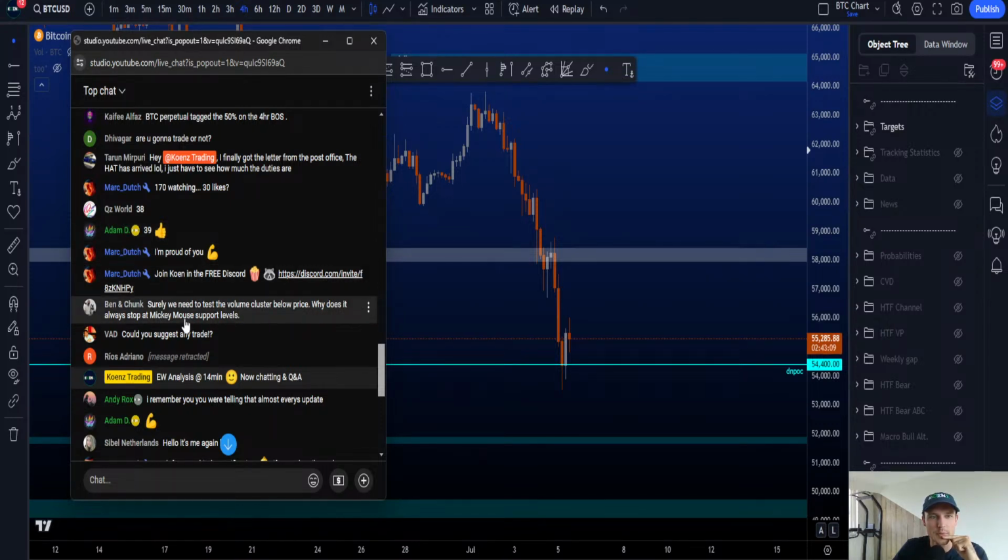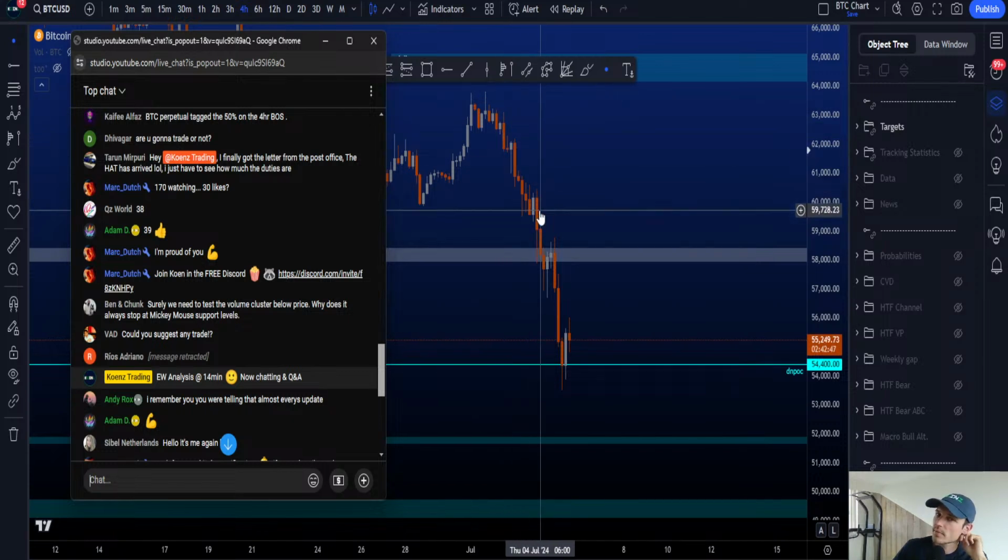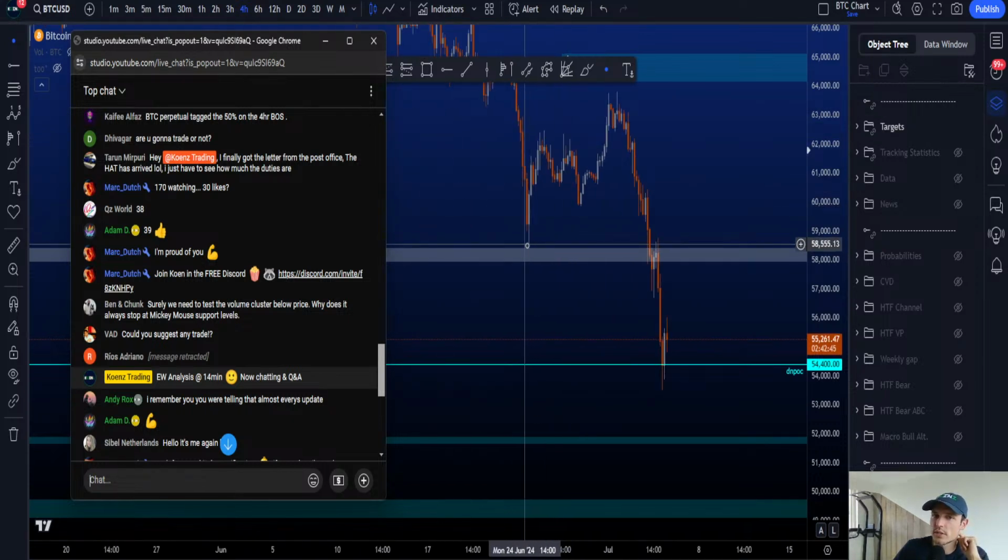Why does it always stop at Mickey Mouse support levels? Could you suggest any trade? I pretty much explained what I was looking for. As price here was moving down with bearish CVDs, something I explained the past 2 days, a short was interesting, right? But now we already took this low.